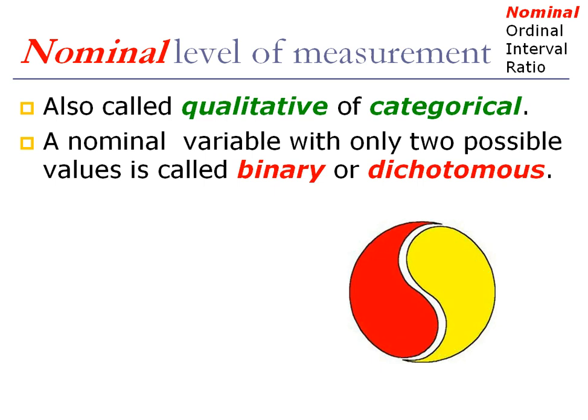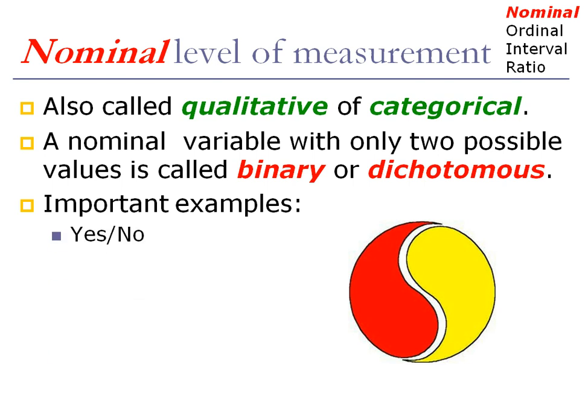The yin-yang symbol is a very good mnemonic for this kind of idea. There are only two possibilities, in this case red or yellow. Even though it's a very simple kind of variable, it's very important because, for instance, it encompasses the situation where you ask a question and you're looking at whether the answer is yes or no, or you're checking a certain statement to find out if it's true or false.